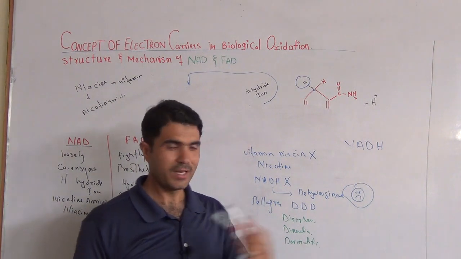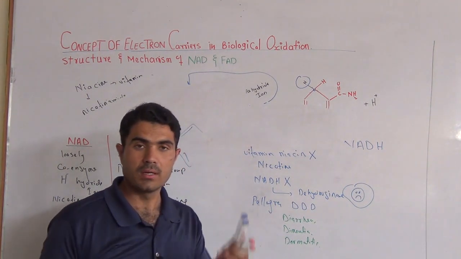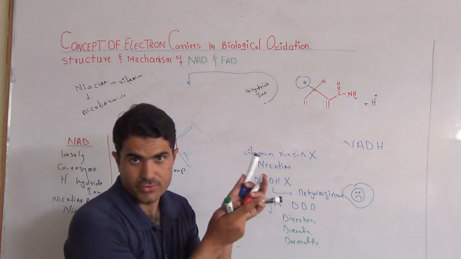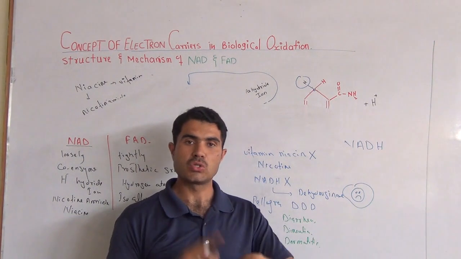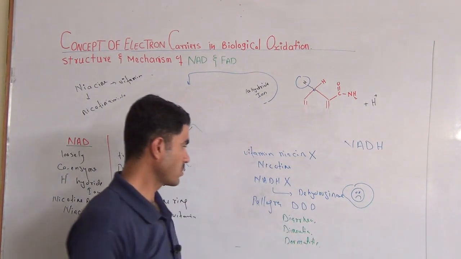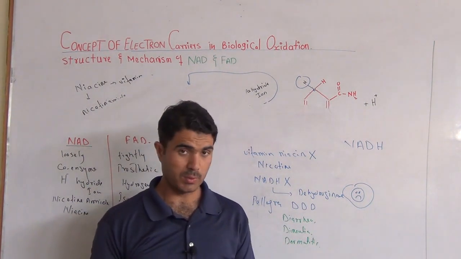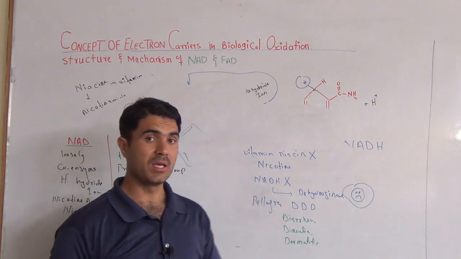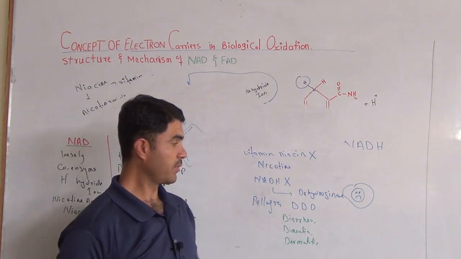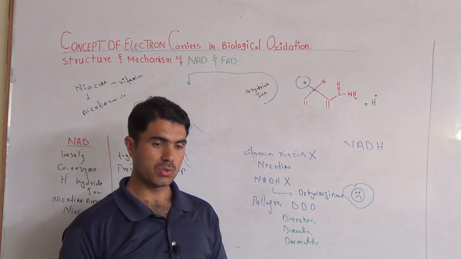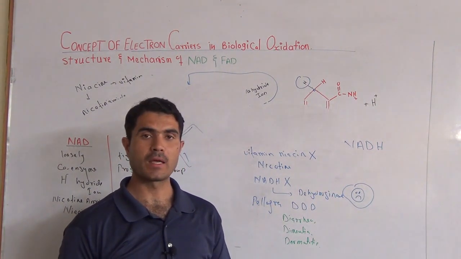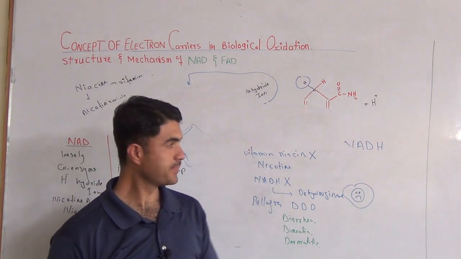Diarrhea, everyone knows very well. Dementia, memory loss, and dermatitis, infection of the skin. So these three symptoms belong to pellagra. Those people who are deficient in that vitamin will suffer from that disease. So if that disease comes to a person, he or she will be given the vitamin niacin in the diet.